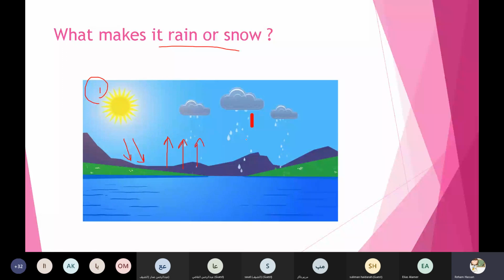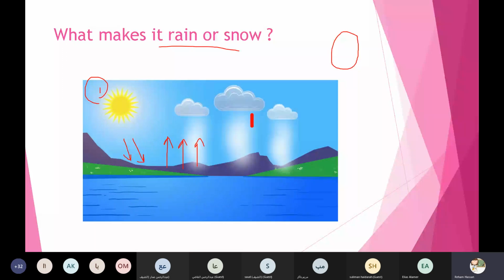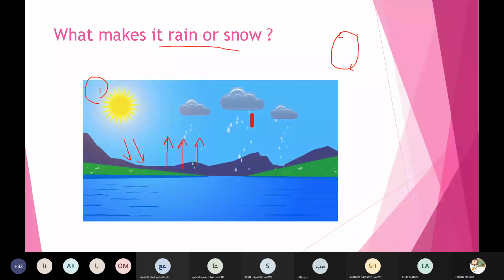It's not finished like that. When it's finished here, it starts again. It's like a cycle. So it's called the water cycle.